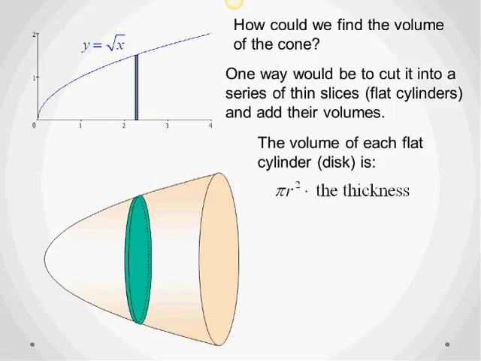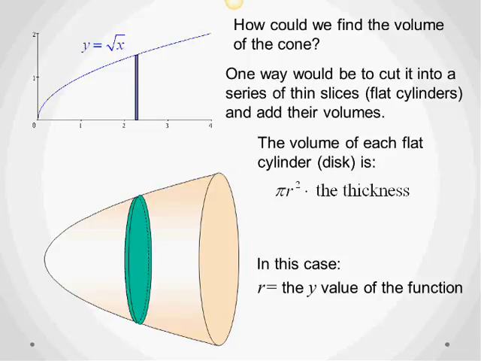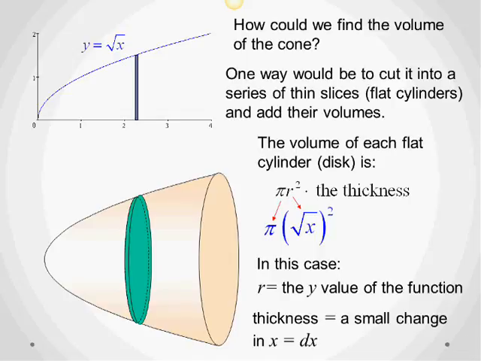Pi r squared would be the face of that circle, and then to multiply it by that little dimension would be a change in x, or dx. So in this case, r, our radius, is actually the y value of the function. So we have pi times the square root of x squared, and then the thickness is a small change in x, which is going to be denoted by dx.